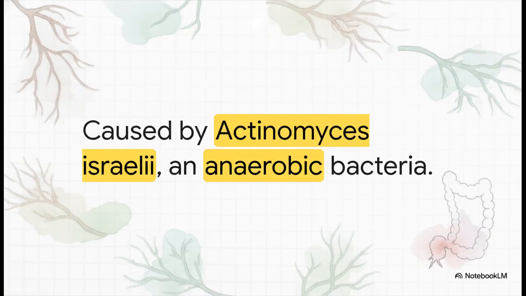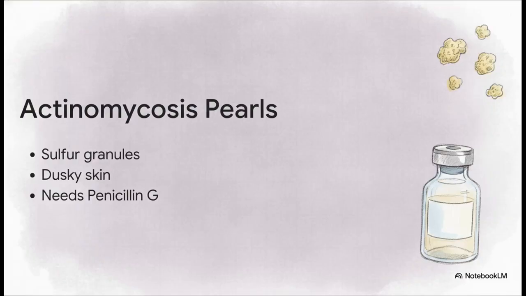Actinomycosis. Developing a hard, woody mass with multiple indurated, tracking sinus tracts several weeks after a perforated appendicitis? That is the classic presentation of abdominal actinomycosis. It's caused by Actinomyces israelii, which is an anaerobic, gram-positive filamentous bacterium. Actinomycosis, exam pearls coming right up. Pathology.